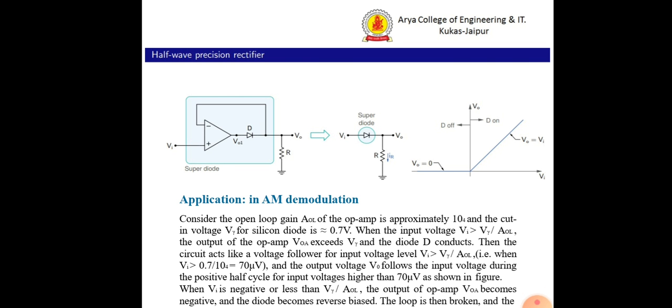So if the diode cut-in voltage is 0.7, it is almost 70 microvolt. So this leads to a very small value, and hence the diode will behave as an ideal diode and will give the characteristic as shown in the figure.